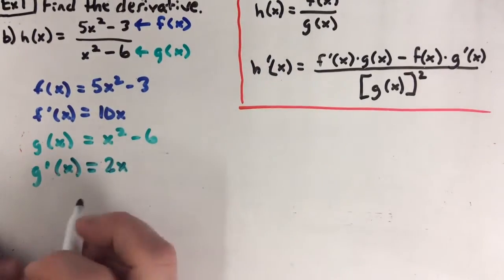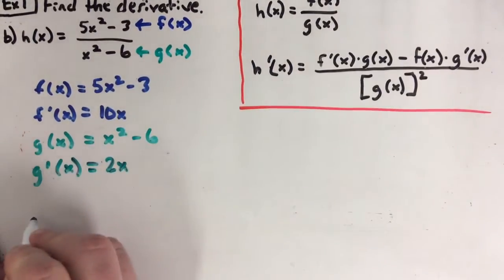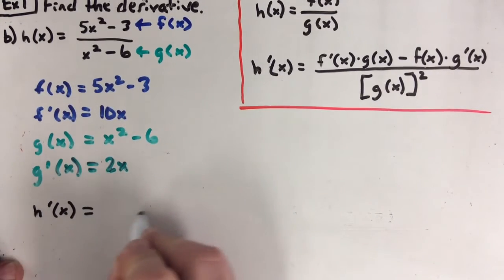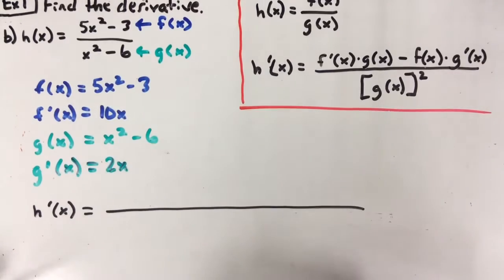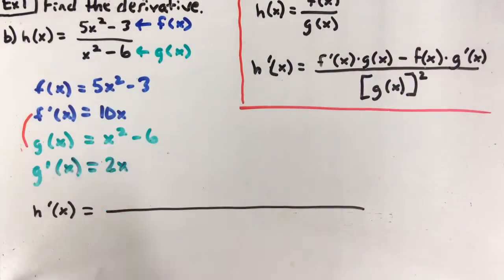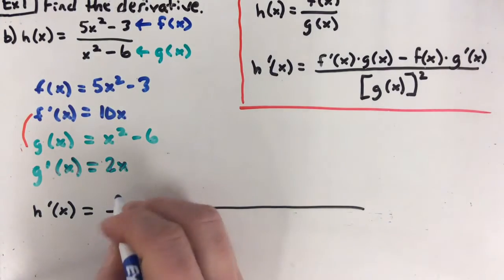And then our formula for the quotient rule says that the derivative of our original fraction is equal to f prime times g. Those are the inside terms, so I'm just going to write those down with some parentheses as necessary.